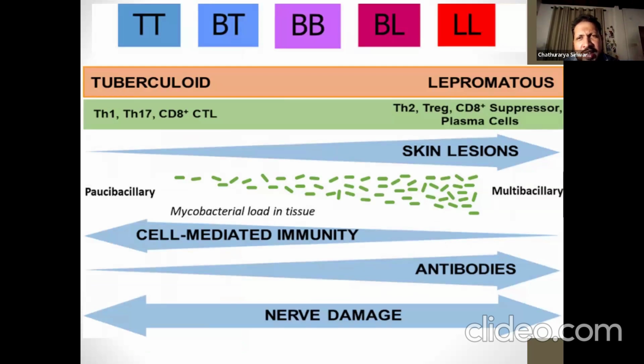So when you move towards the right, you have more and more skin lesions, more and more leprosy bacteria, more and more antibodies, right? Because our immune response is not effective. Towards the left side, skin lesions will be 1 or 2. They'll be very well demarcated.